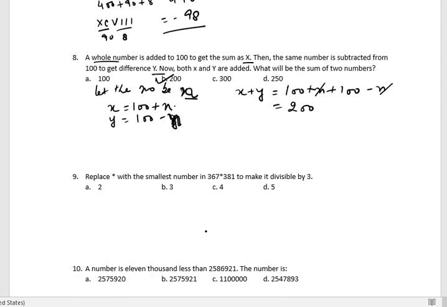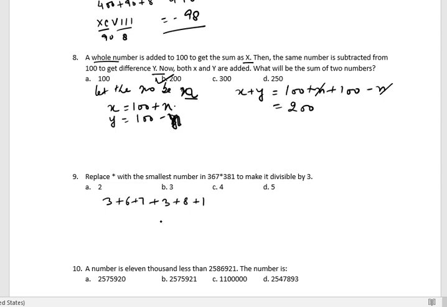Next question. Replace the star with the smallest digit in this number to make it divisible by 3. So students, we know the rule for divisibility by 3 is what? The sum of all the digits of a number should be divisible by 3. So it means we have to add these digits. So if we talk about this number, we have 3 plus 6 plus 7 plus 3 plus 8 and plus 1.